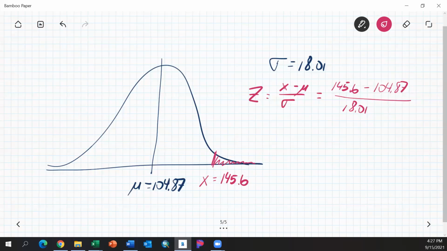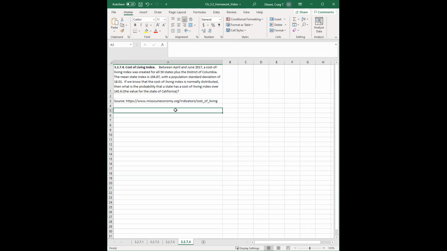I'm going to stop share and then go back to our spreadsheet. In Excel, I'll put x equals 145.6. Mu equals 104.87. Sigma equals 18.01.